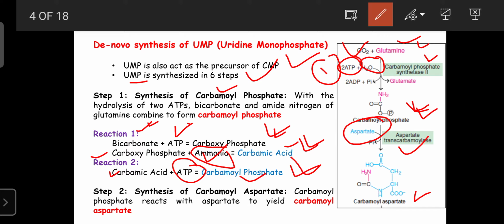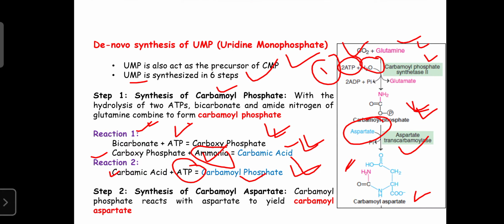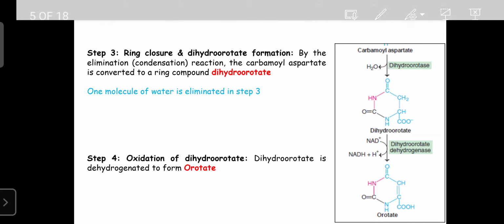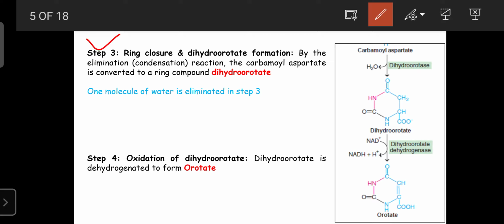So here the ring is not closed. The ring is formed definitely, but the ring is not closed. That ring can be closed in step 3. That's why step 3 is ring closure and dihydroorotate formation.